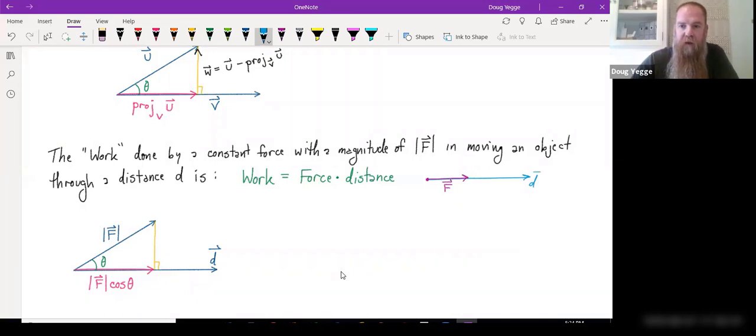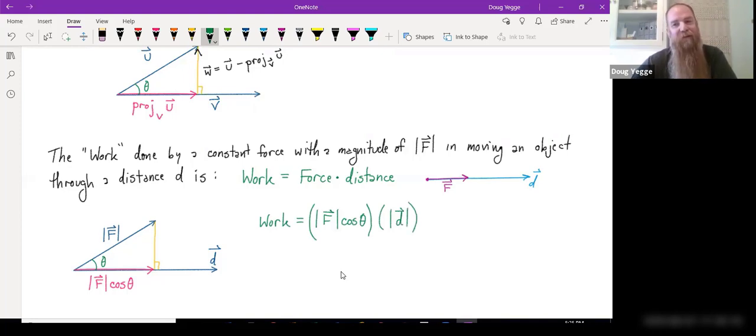And so what if they are not in the same direction? Well, that would mean in this case that the work would equal the magnitude of F times cosine theta times the distance, which is the magnitude of d.